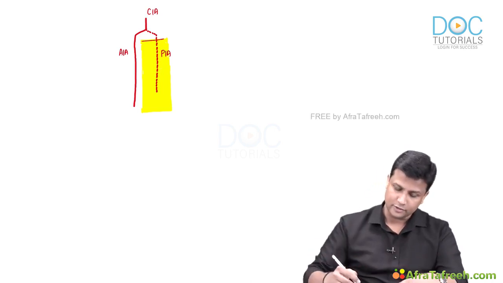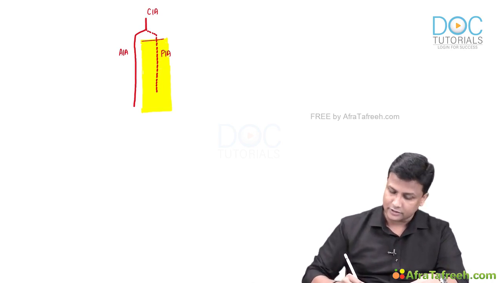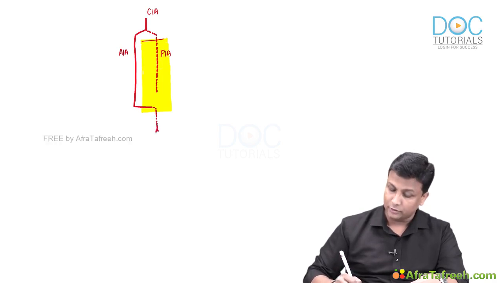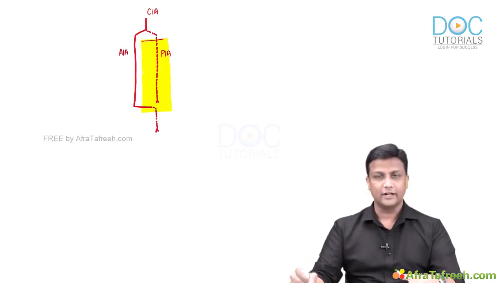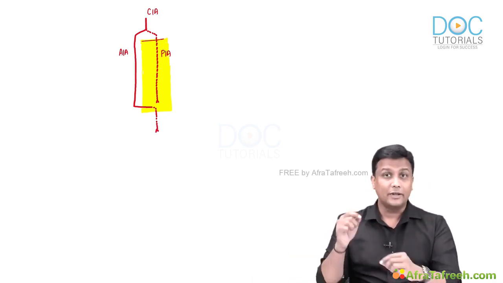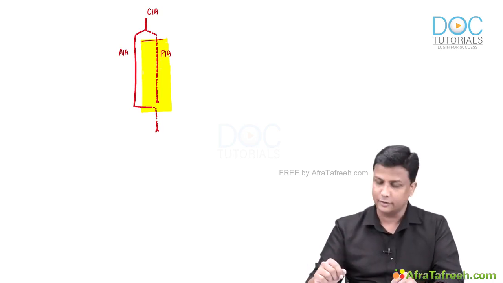In the lower end, the anterior interosseous artery is going to pierce this membrane and go behind the interosseous membrane. Hope you are getting it. So in the lower end, the anterior interosseous artery pierces through the membrane and travels behind.